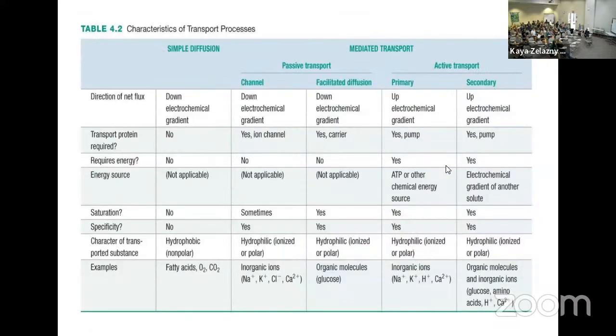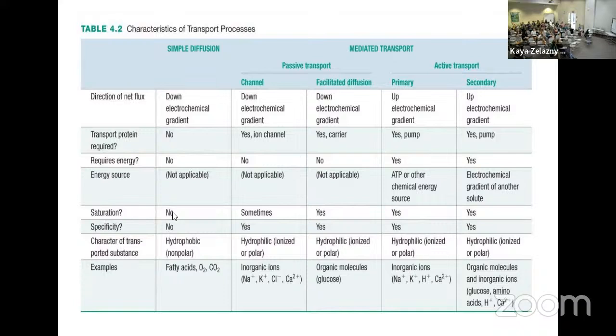Here's a big chart from your book about all the different transport processes. We've got simple diffusion as our first type of passive transport. We've got channel movement and facilitated diffusion as our two other types of passive transport. And we have our two types of active transport. This tells you what direction you'd be looking for to define each of these, what type of protein you're looking for, whether you need energy, and whether those methods of getting through the membrane can get saturated.